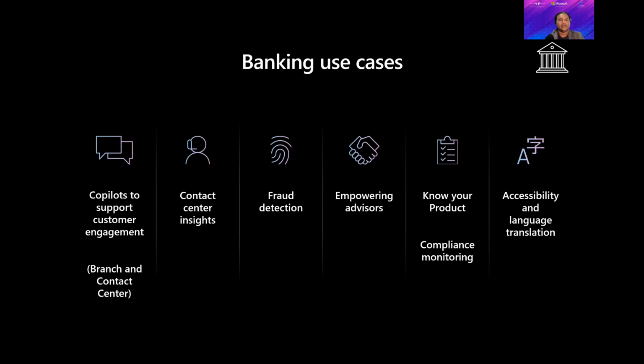And the other case is, maybe you're not using AI yet, but you can use AI to gain insight on your customer service call recordings to understand what's working, what's not working, so you can come up with a better pattern to serve your customers better.